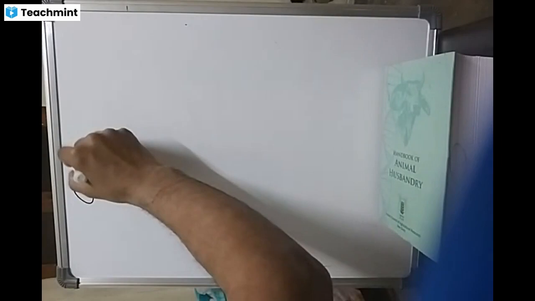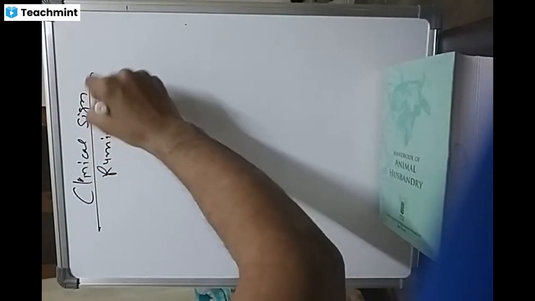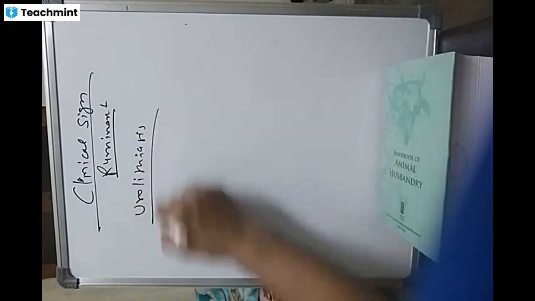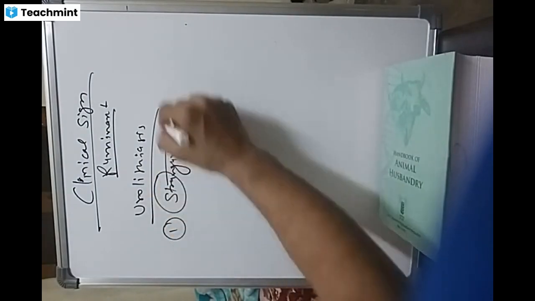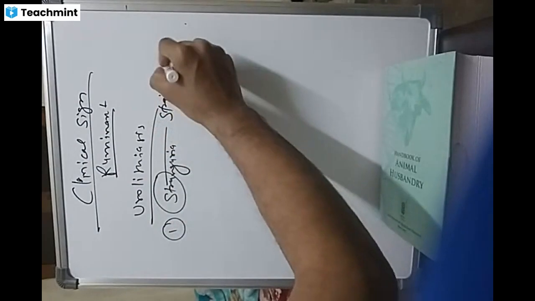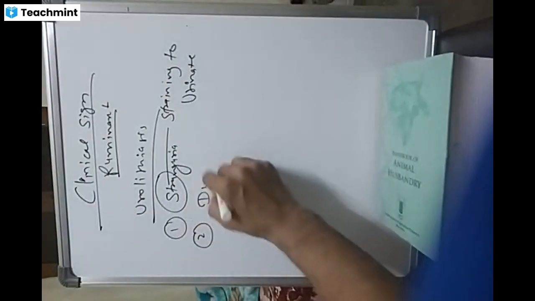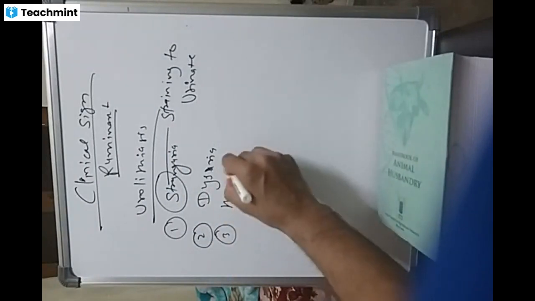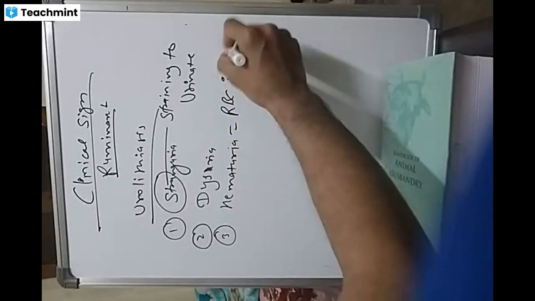Some clinical signs in ruminants. What are the clinical signs? First, I told you uremia, means the animal has difficulty to urinate. Hematuria is RBC in urine.